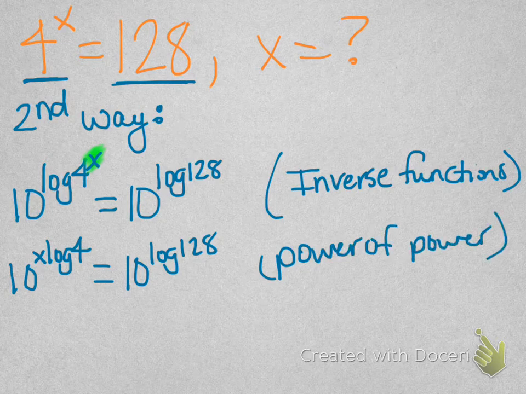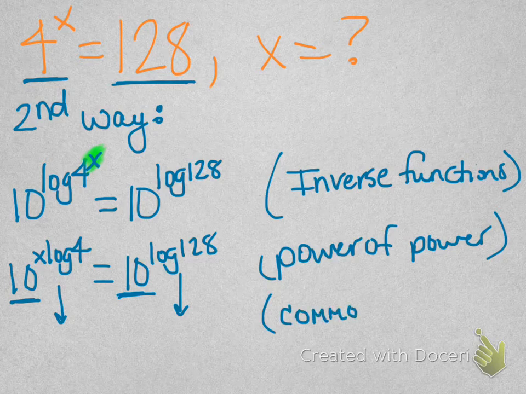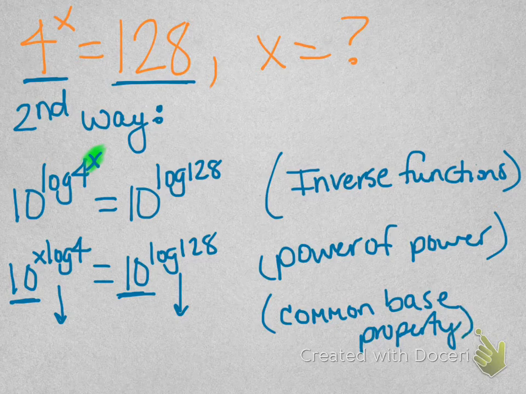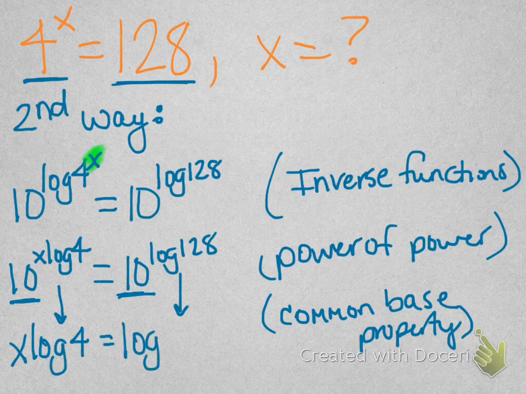Okay, so now we actually have our common base property of exponents. Remember, where I have the same base, I'm allowed to just bring the exponents down and set them equal to each other. So this is common base property, which means I have x log 4 equals log of 128.